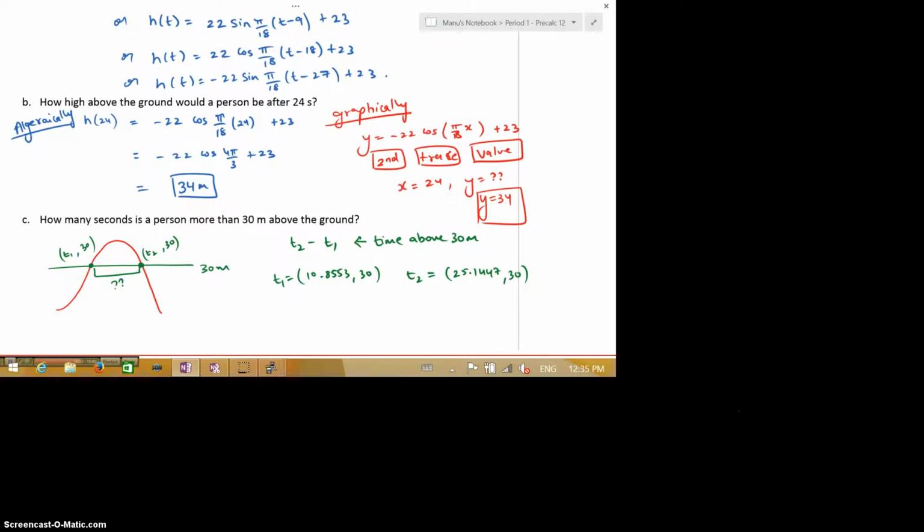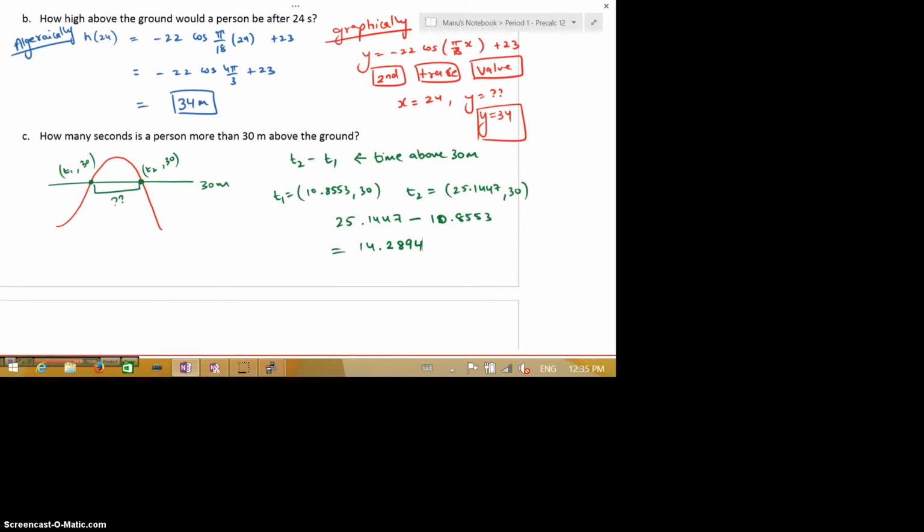So the time the person was above 30 meters for is going to be 25.1447 subtract 10.8553, and what does that work out to? 14.2894, correct?